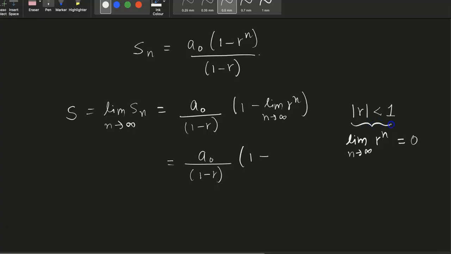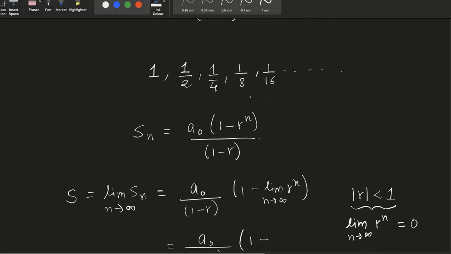If the modulus of r is greater than 1, then the thing gets a little complicated. When r to the power n as n tends to infinity has to become infinity, this limit will tend to infinity because r is greater than 1.